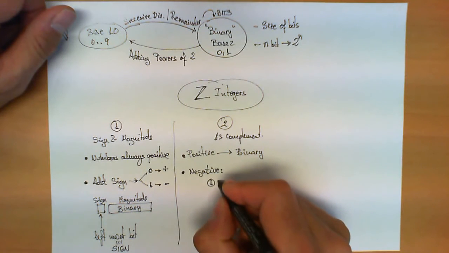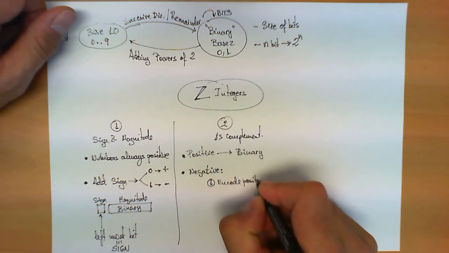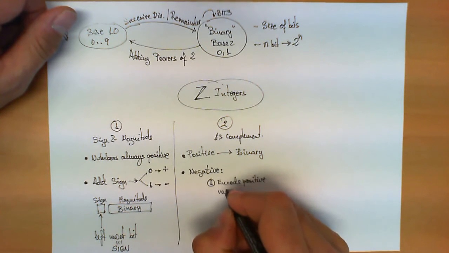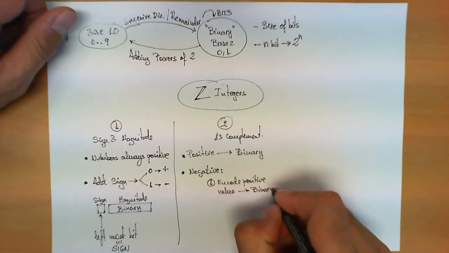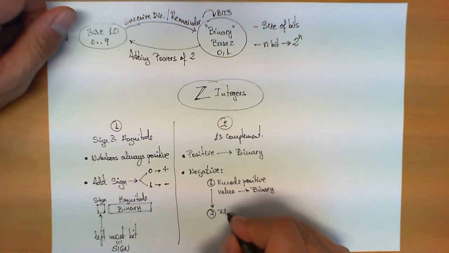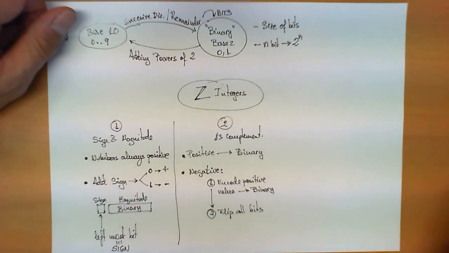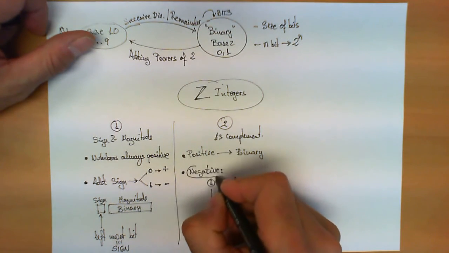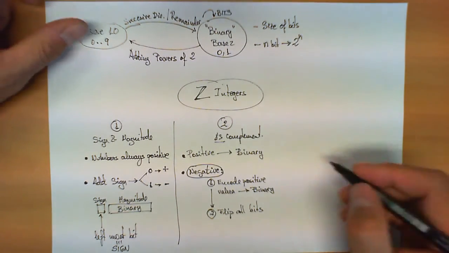First, we encode the positive number as binary, and then step number 2, very important, we flip all the bits, and that way we obtain the negative number encoded as ones complement.